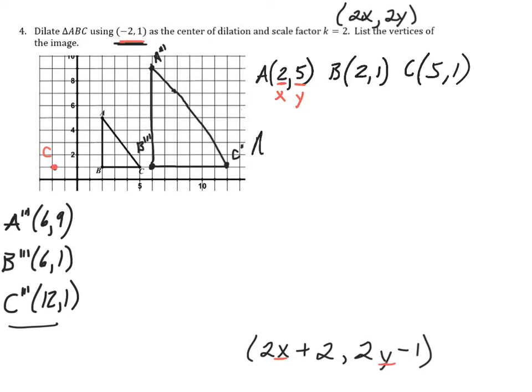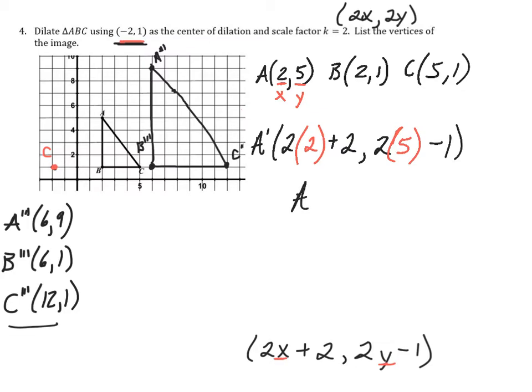In order to figure out where A prime is, in this case technically it would just be A prime because there's really only one move, I would take 2 multiplied by the x in A plus 2, and then 2 times y. Well, my y from A is 5, and then minus 1. After I simplify that, it looks like A prime is going to end up at 6, 9. And that's what I have right here.